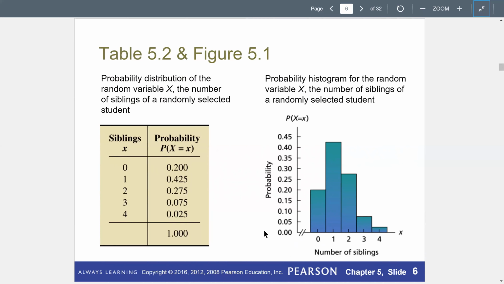Then subtract. Not yet, you need to create this. There are 1, 2, 3, 4, 5 values of x here, so subtract 5 times mu squared.